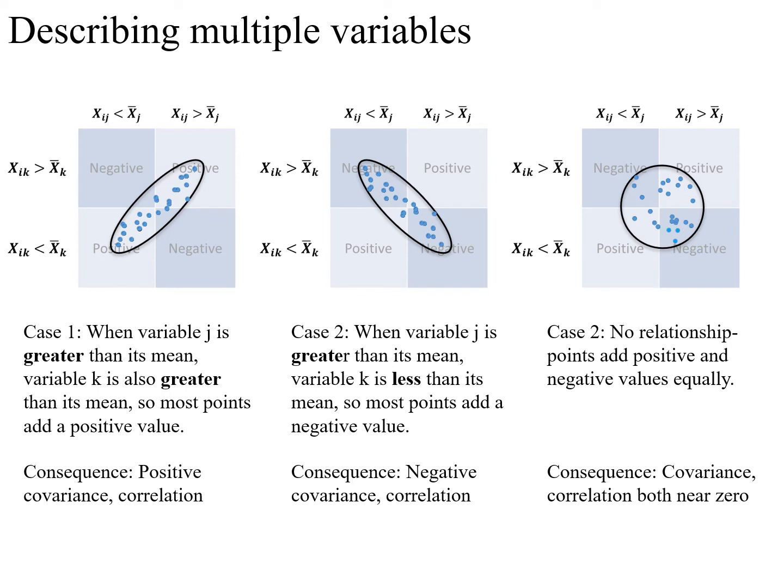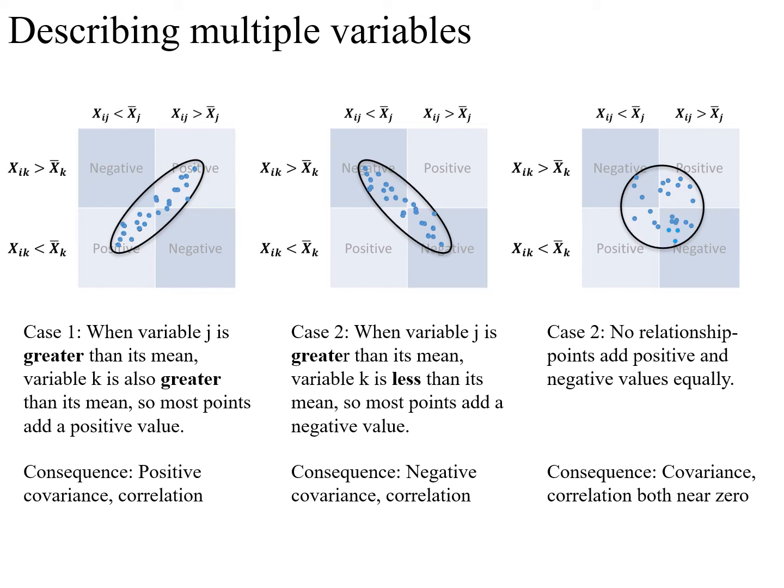So if we just look at a particular collection of data points for two variables, in case one, when variable j is greater than the mean, variable k is also greater than the mean, and vice versa, when variable j is less than the mean, variable k is also less than the mean, most points are going to add a positive value to the covariance. So you're going to have a positive covariance.